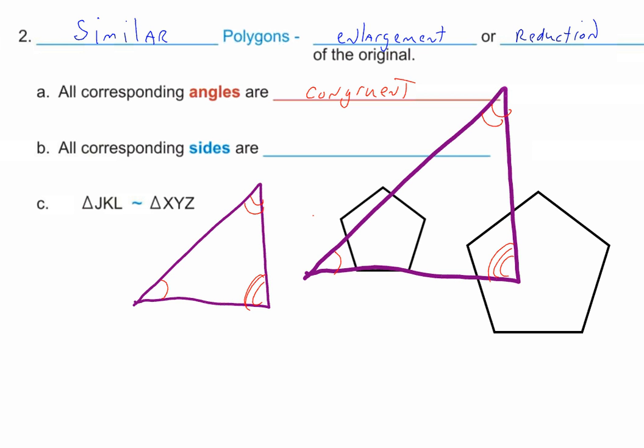What about the sides? Are the sides congruent? No. Are you telling me that from there to there is the same distance as from there to there? No. So the sides are not congruent. So the sides are something that begins with the word P. Christina. Not perpendicular. Perpendicular are lines that form right angles.